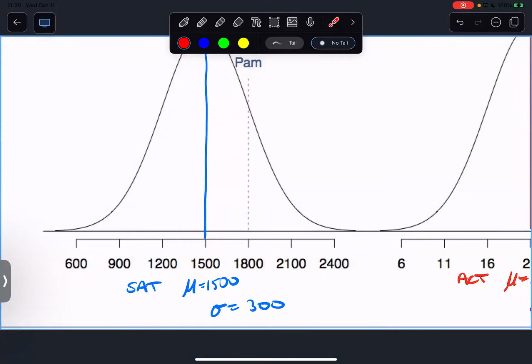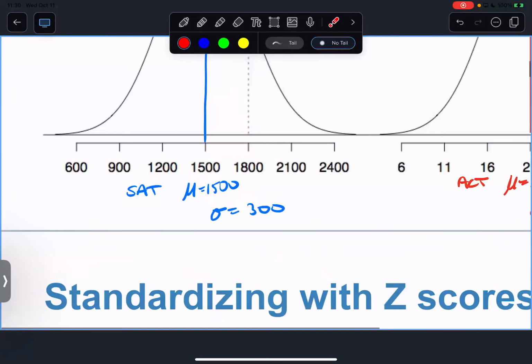If I asked you how many standard deviations Pam was above the mean, you know how to solve that, right? You might not do it immediately, but what would you do? You would want to problem solve this.